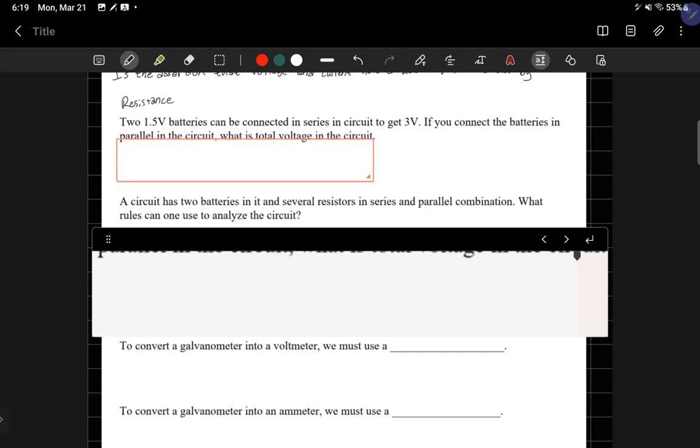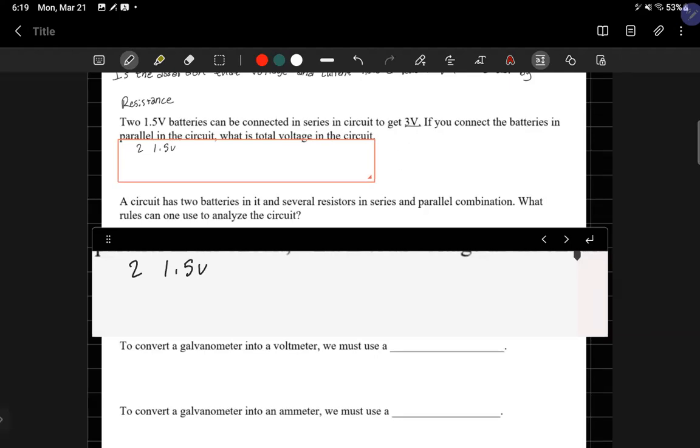As far as I know, it should be the same thing, so 3 volts. I looked this up earlier because I wasn't sure what the answer was off the top of my head. But whenever I was reading, it said that two 1.5 volt batteries, whether connected in series or in parallel, is going to have a sum of 3 volts.